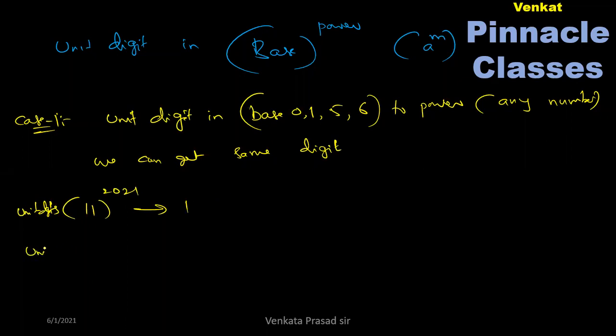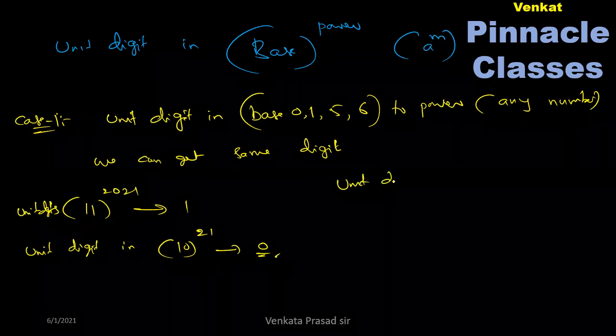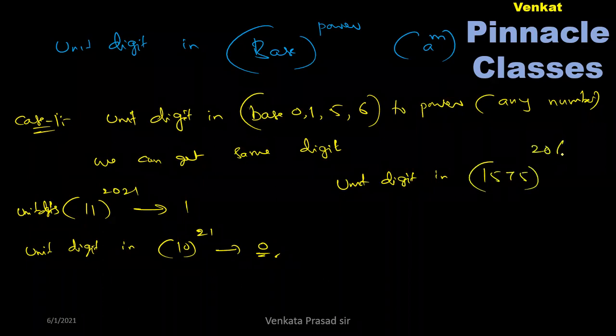Like that, see. Unit digit in 10 power 21. Suppose, what is the unit digit here? 0. Unit digit in 1575 whole power 206.